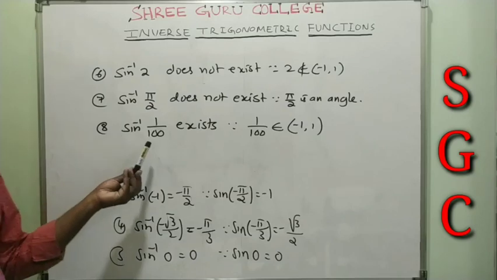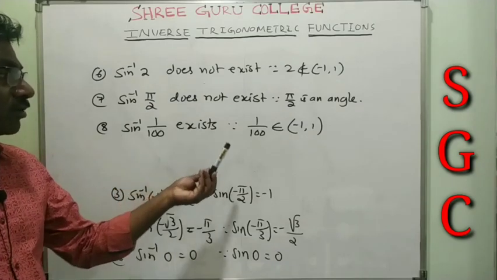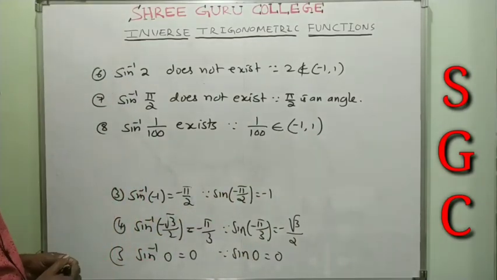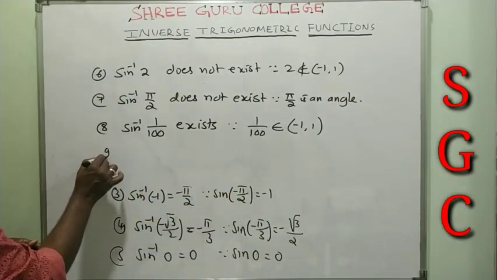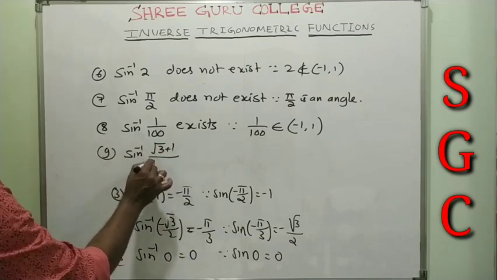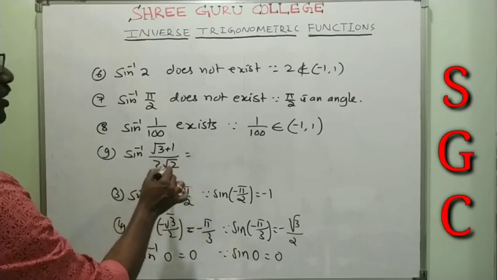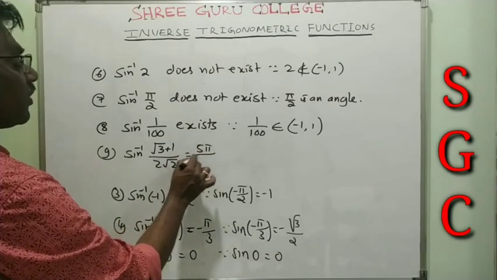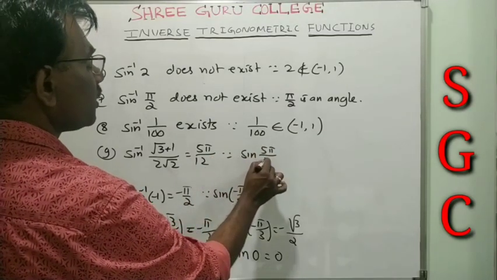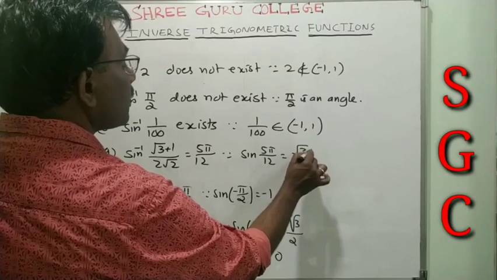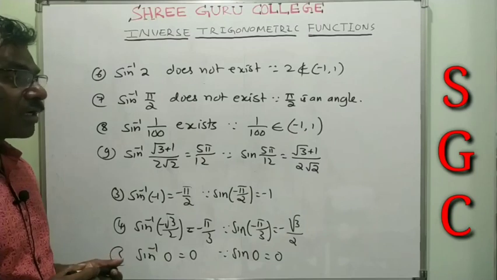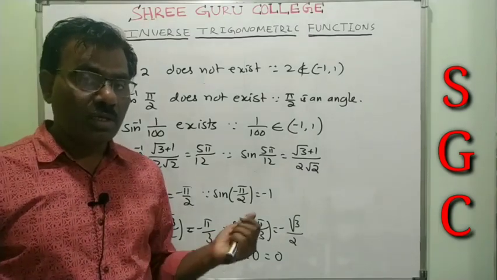It exists, but it is not a standard angle. Sine inverse of root 3 plus 1 by 2 root 2 is 75 degrees, 5 pi by 12, because sine 5 pi by 12 is root 3 plus 1 by 2 root 2. So these are examples of range.